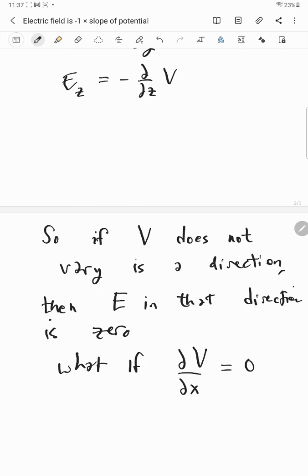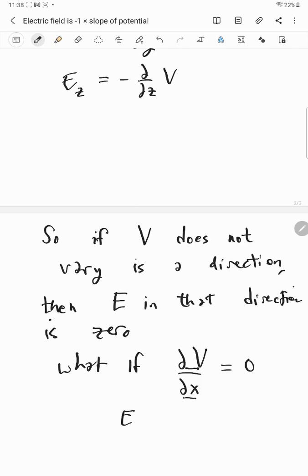This means that the voltage doesn't change when I look at two nearby x positions, right? So if I imagine making a small change in location in x, I find that there is no change in the potential between those two nearby places, right? If I find there's no change, then that means there must not have been electric field in that direction.